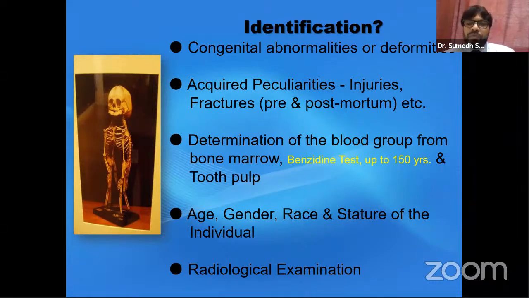Because of the wasting of the muscles, that skeleton also becomes a little smaller throughout the years, and the deformity indicates the congenital abnormalities.